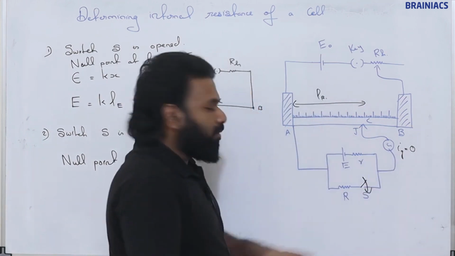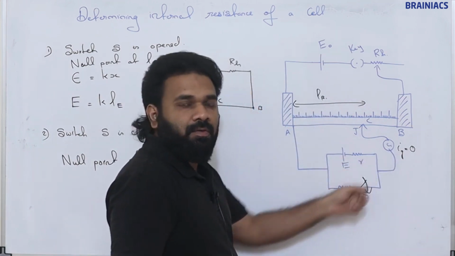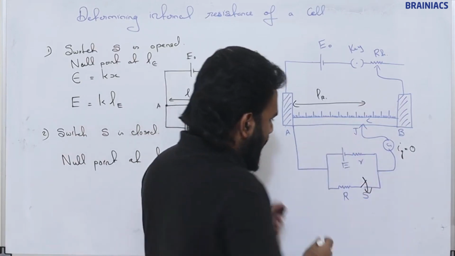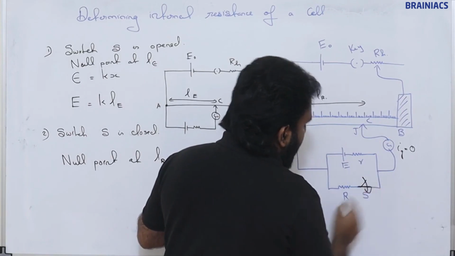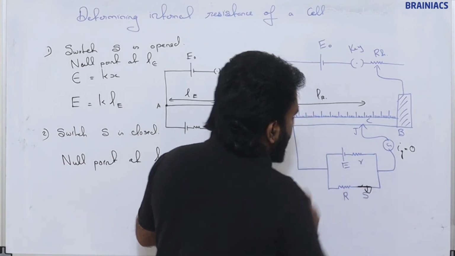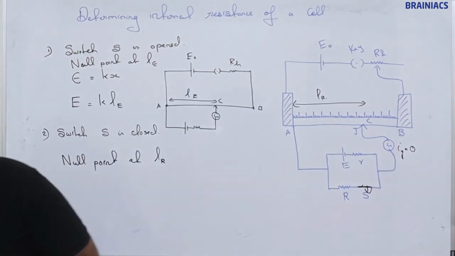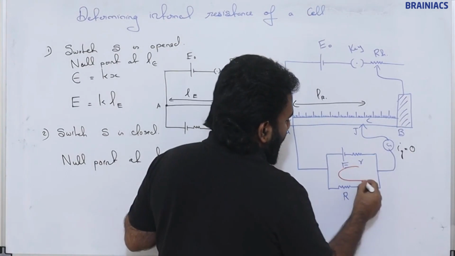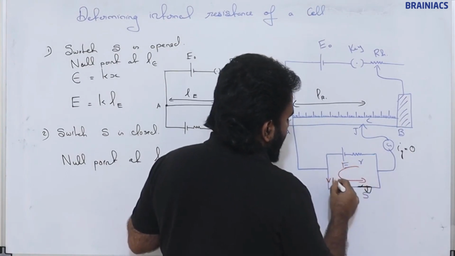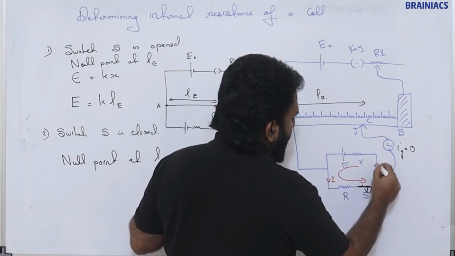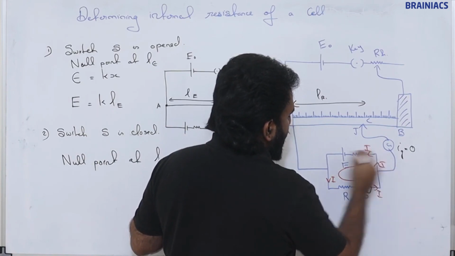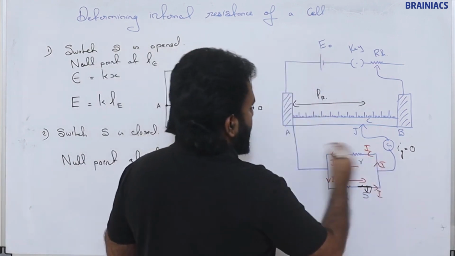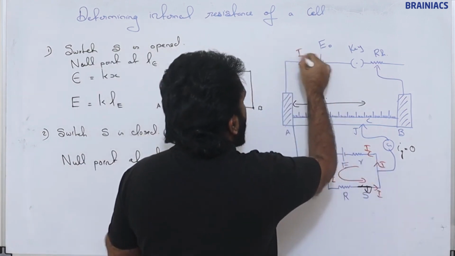Fine. Now this is a closed path. What will happen? Current will flow through this. So now this is connected. Current will flow through this, right? Okay, current will be flowing through this I. Other than that, here another current will be flowing across.